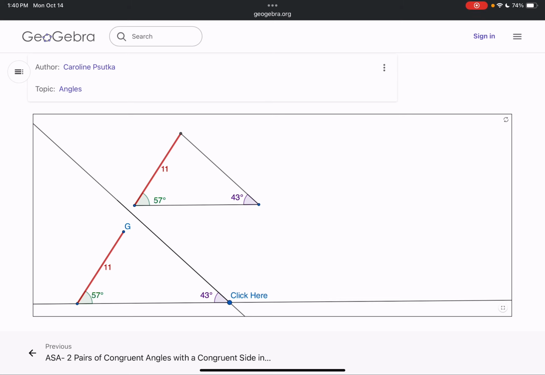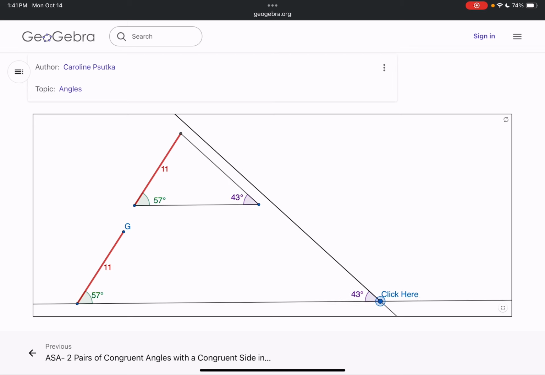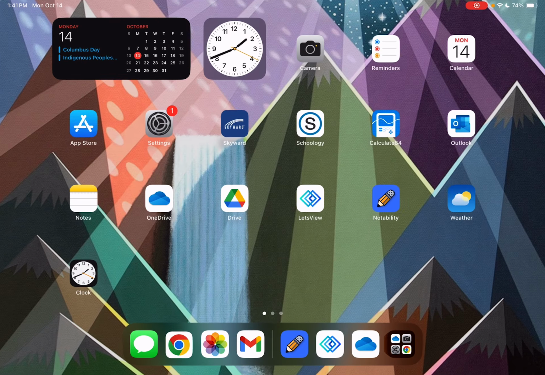And if I move back and forth on this point, and I see how many different triangles I can make that will connect, only one triangle will connect with point G. So any time I have an angle-angle-side arrangement that's congruent between two triangles, I know that those two triangles have to be congruent. Let's write that down.